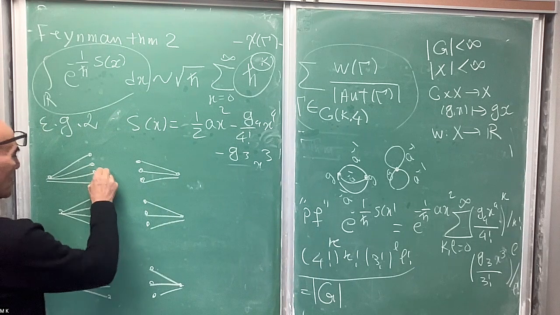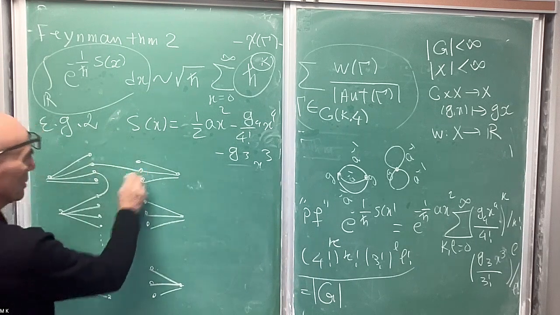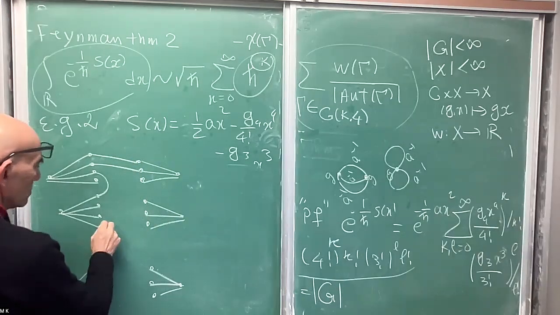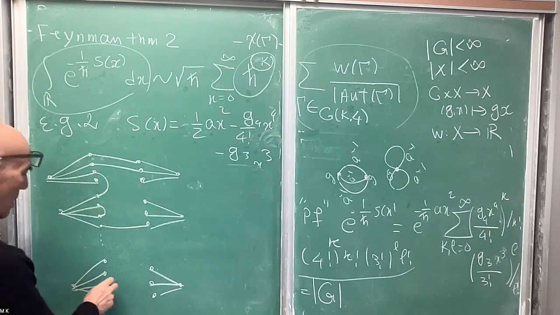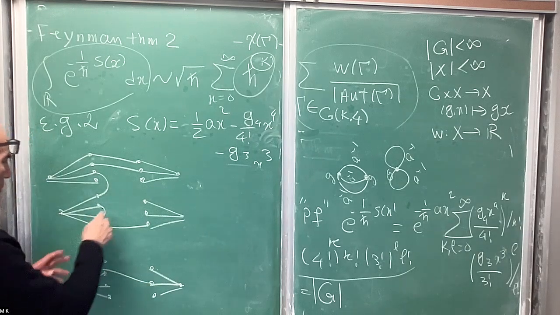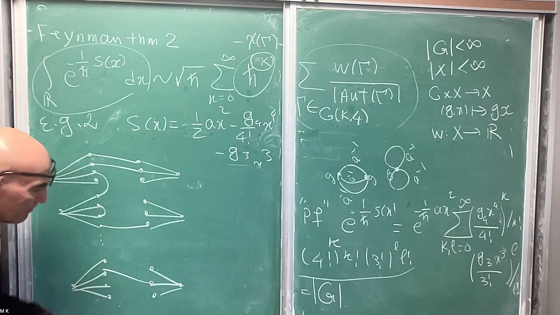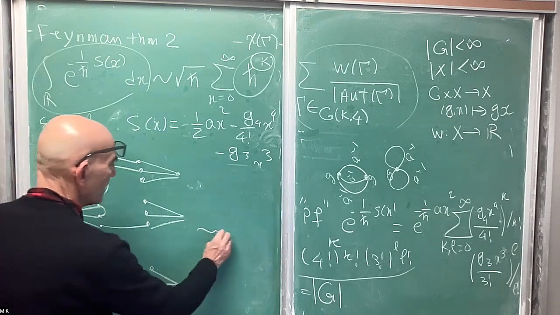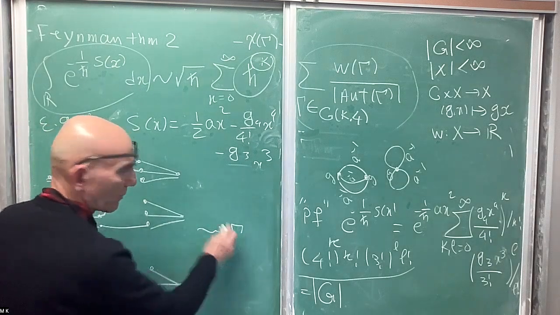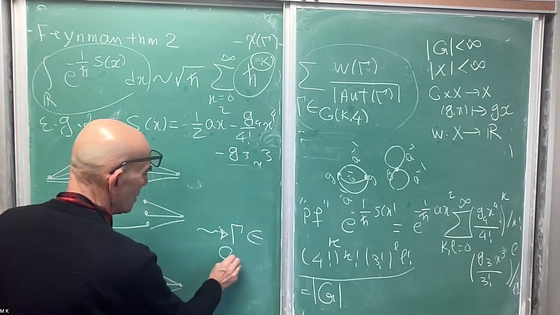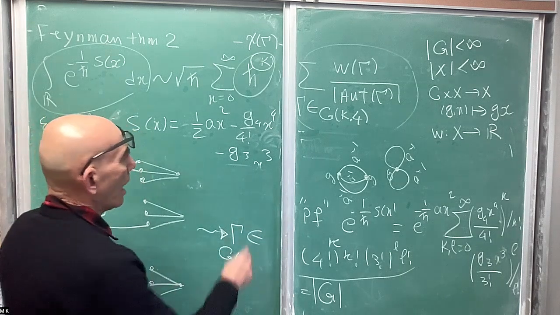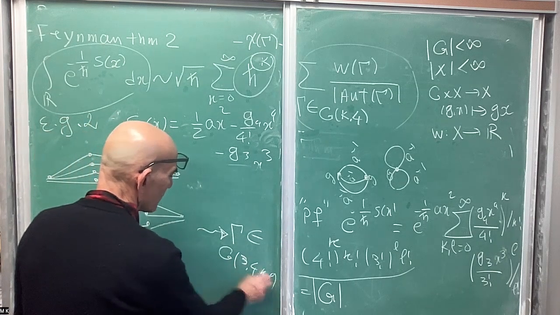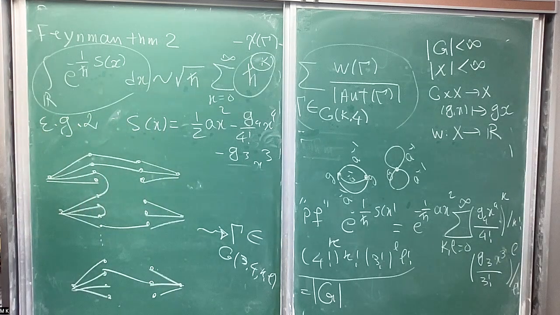So some of these terms can be connected to this one, like this, and these two, and so on and so forth. So you can connect within this group or within that group. It doesn't matter. So the result of this is you get an element, a graph gamma belonging to G, my notation, I hope I remember, 3, 4, K, L. You get such a thing.